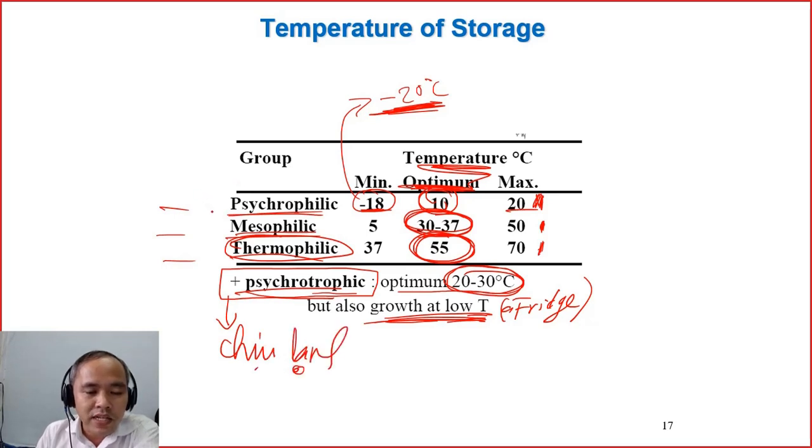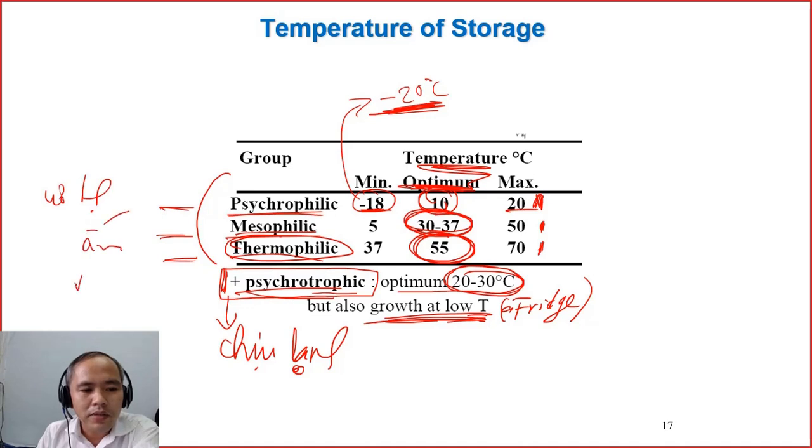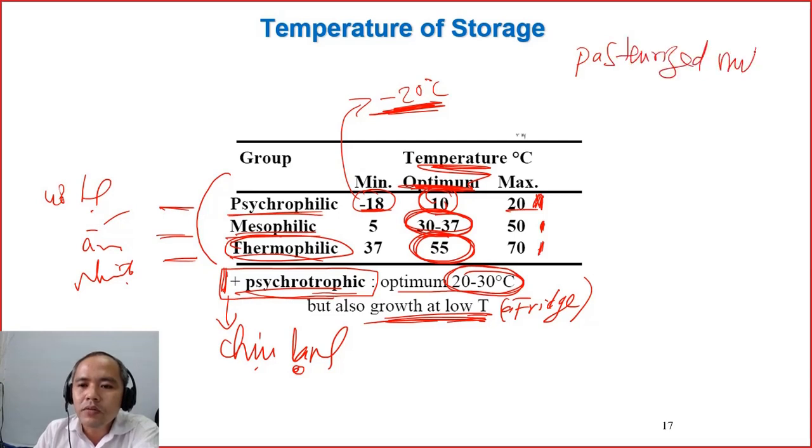In some previous courses, you already know these three groups, but now you should know one more extra group. It's called psychrotrophic. Ba nhóm này là ưa lạnh, ưa ấm, ưa nhiệt là mình biết rồi đúng không? Ưa lạnh, ưa ấm. I give you an example. We have pasteurized milk.